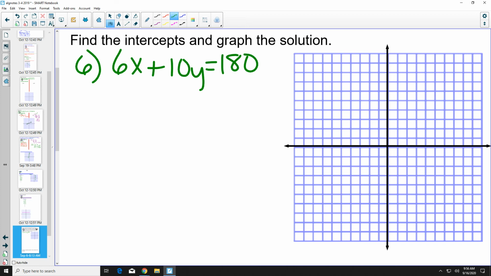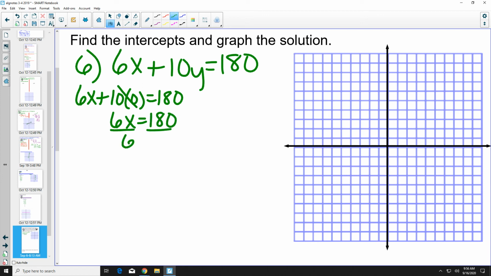All right, so let's check. To find the x-intercept, I'm going to put 0 in for y. So I'm going to have 6x plus 10 times 0 equals 180. Well, this is just 0. So I have 6x equals 180. Divide both sides by 6. Did you get x to be 30?